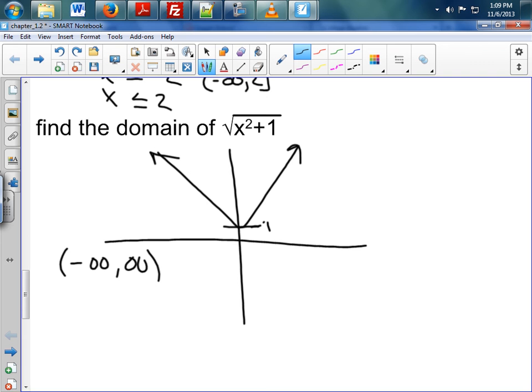Doing the range is all the values of your y that you can have. Domain are all these x values. So a lot of lazy people like myself would put a big D for domain. And the big R would be the range. Now you're looking at your y values. Where do the y values start? At 1. And go to infinity.